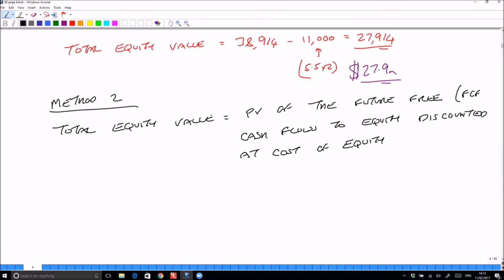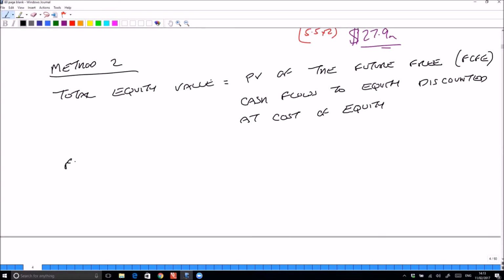What's the abbreviation we use for this? It's FCFE, and that's your future free cash flows to equity. What's the little formula? And the FCFE equals what? Well, luckily there's not too much to do. It's the free cash flows, and then what?